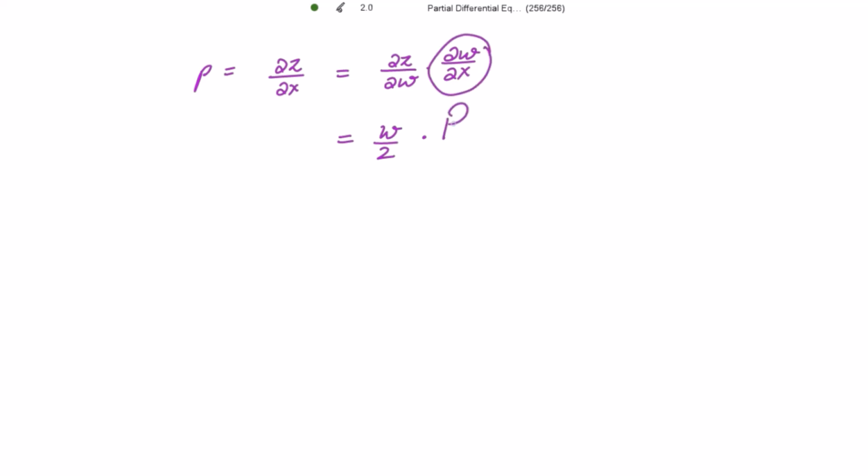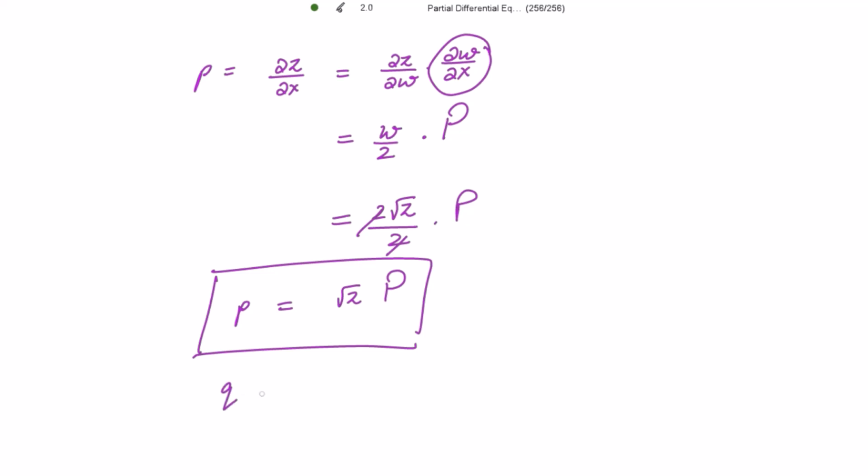Let me substitute ∂w/∂x as capital P, and putting w = 2√z divided by 2 into P, small p is equal to √z into capital P.